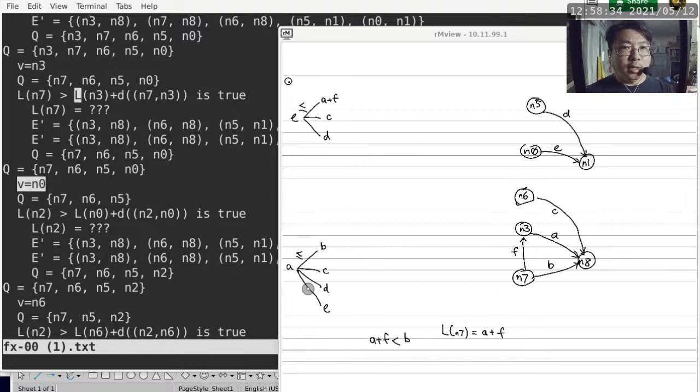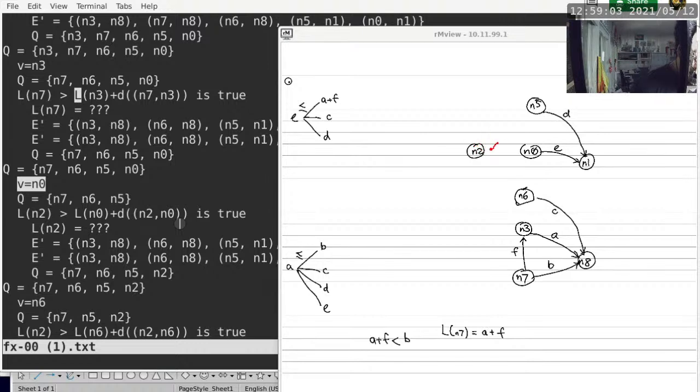We start off with very simple ones like single variables, and now we're starting to have summations. And at the same time, we have to keep track of what is the actual expression of each L value. So now we evaluate, because n2 is an incoming edge to n0, and n2 has not appeared yet. So we have a new vertex here.